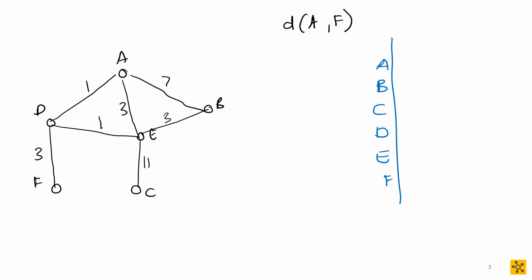A is the beginning. It has a potential of 0. All the others get a temporary label of infinity. So on your table, it would be something like this.